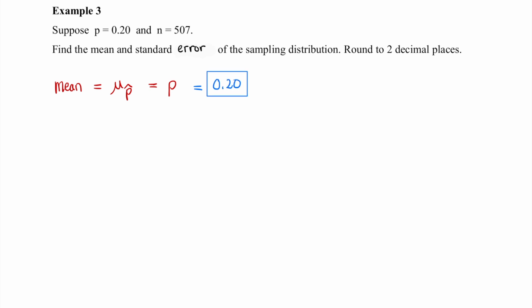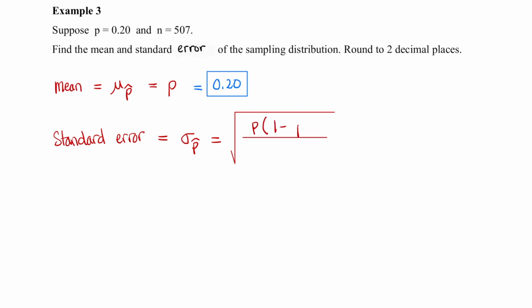Next, let's calculate the standard error. We are going to use the formula sigma of p hat equals the square root of p times 1 minus p over n.